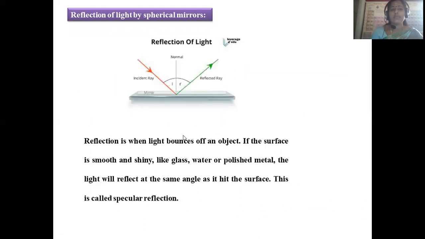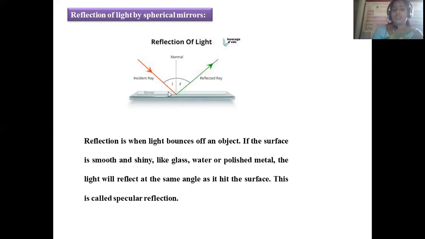When we take a flat surface and pass light toward it, whatever light waves we are passing are known as incident light, incident rays. The light we are bombarding on the surface of the plane or flat surface is known as incident light. After touching that surface, it changes its direction and passes at a certain angle.